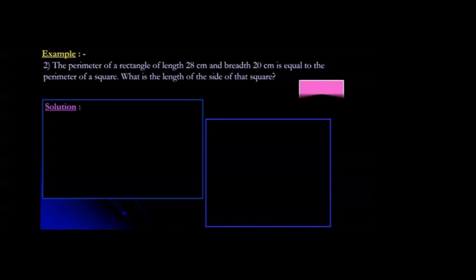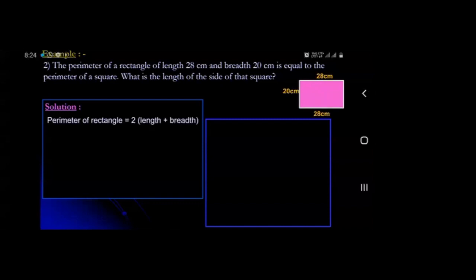Okay, so see, the rectangle is there, the length is 28 and breadth is 20. And what is the formula of perimeter of rectangle? Just now we have learnt the formula is 2 times (length plus breadth). And again we have to substitute the values which are given in the question. 2 times (28 plus 20).